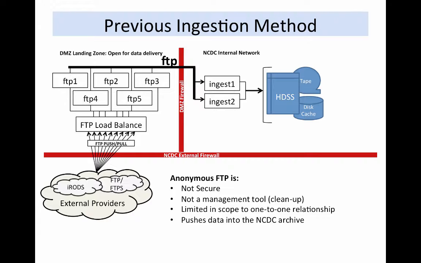FTP was also used to push data from the staging servers into the tape archive. The procedure had to loop over all of the servers, identify files to be moved, and send them to the archive. NCDC wanted to automate staging from the multiple servers, change from a push model to a pull model with transfers initiated from inside the archive, and manage deletion of data from the cache.